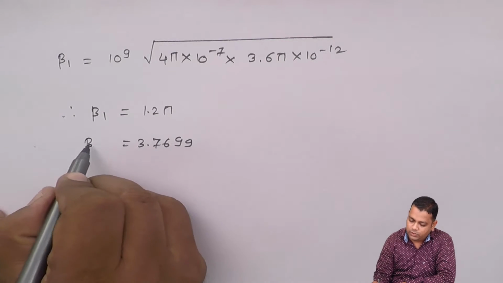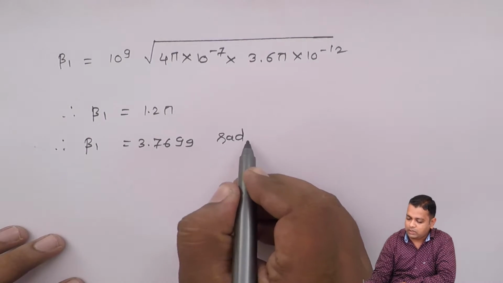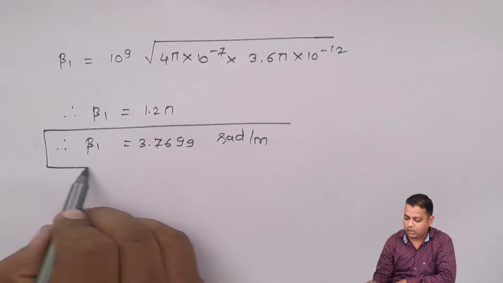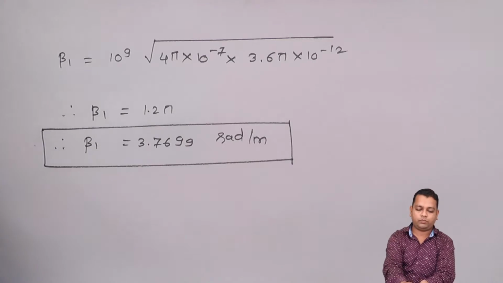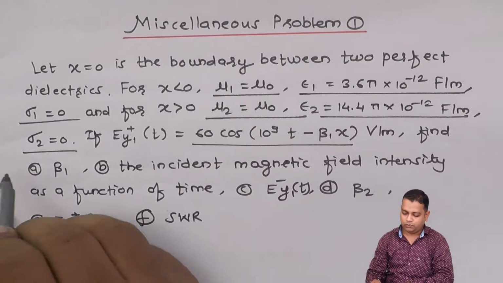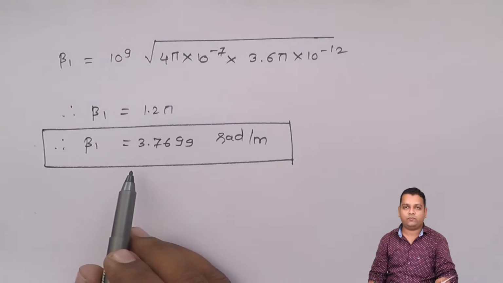As it is a phase shift constant, the SI unit is radians per meter. Hence, I outline this particular beta 1. This way, for part A of miscellaneous problem 1, we have the answer.